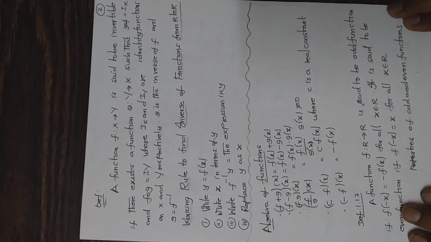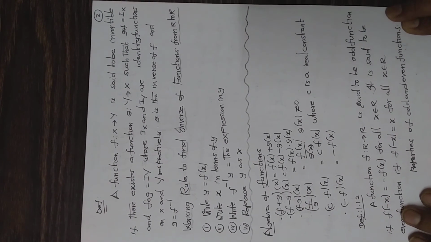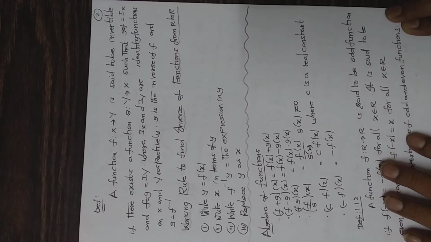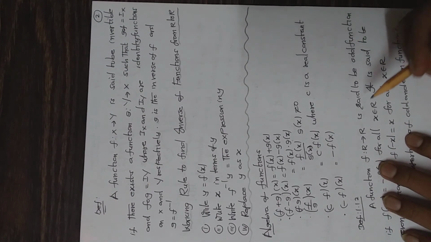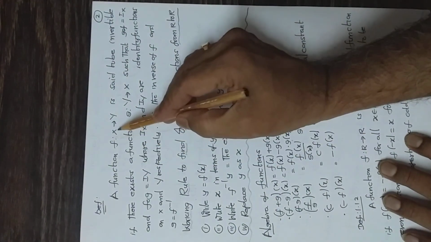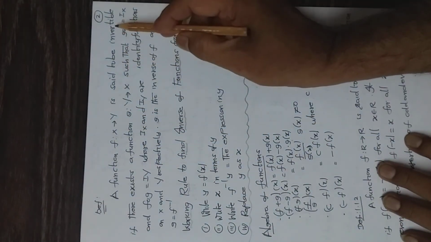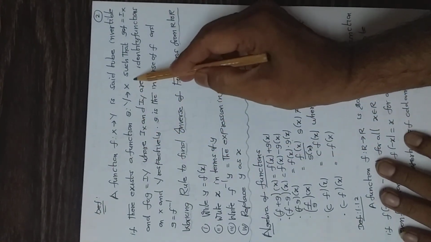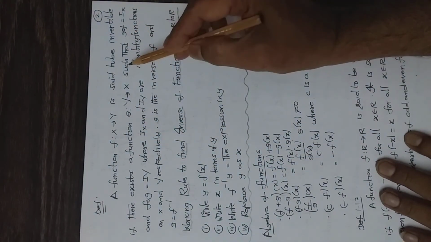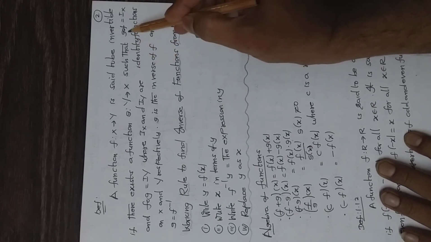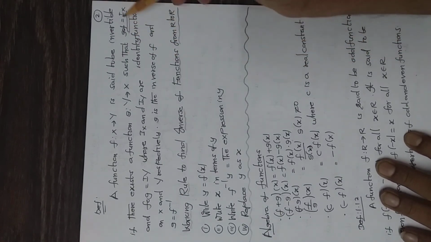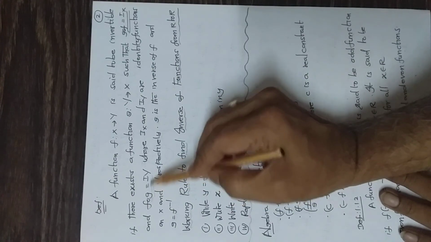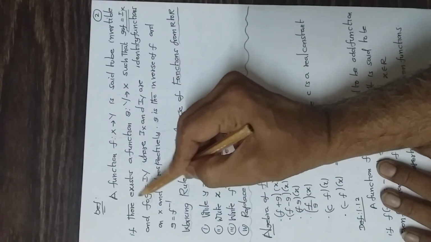Now listen students. In your textbook they have given the definition of the inverse of a function. Whatever we discussed, they frame it like a definition. A function f: x to y is said to be invertible if there exists a function g: y to x, such that g circle f of x is equal to x, and f circle g of y, because the input is y.